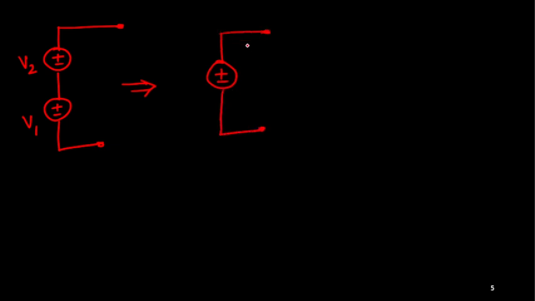Is it okay? So V1 and V2, you can see that both have the same polarity, minus plus, again minus plus. So they are going to add. So total voltage will increase and total voltage will simply be the addition of these two. Okay, but be careful if the polarity is given in the opposite way.